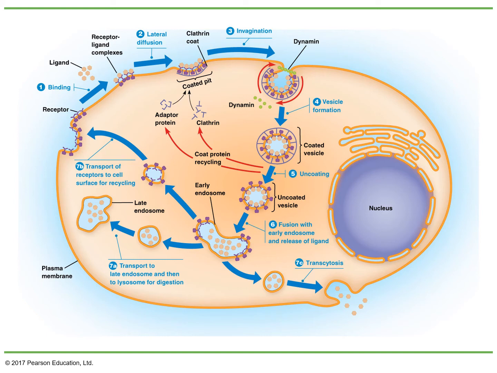The invagination continues until the pit pinches off from the plasma membrane, forming a coated vesicle in step 4. The clathrin coat is released, leaving an uncoated vesicle in step 5. The coat proteins and dynamin are then recycled to the plasma membrane, where they become available for forming new vesicles, while the uncoated vesicle is free to fuse with an early endosome, shown in step number 6.